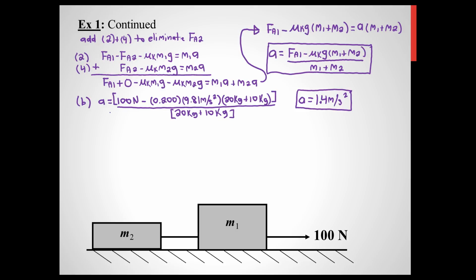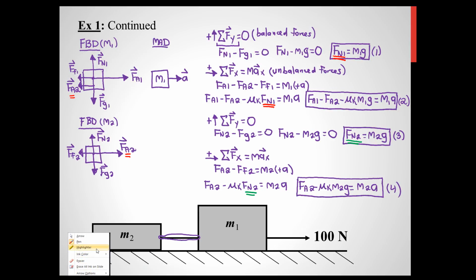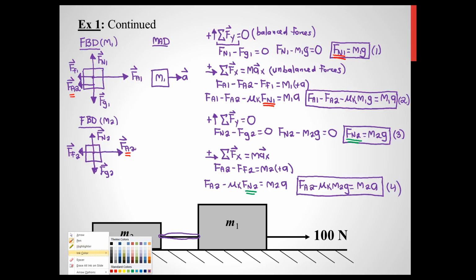I also want to figure out the magnitude of the tension in the connecting wire. Now, this is the nice thing about a system. Once you get the one variable, it's super easy to solve for the other one. The way we can solve for FA2 is we can either use equation 2 or equation 4.